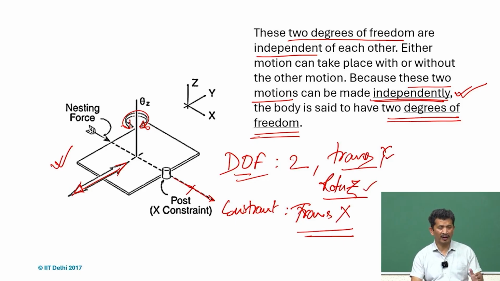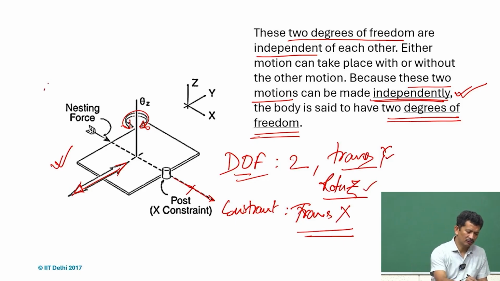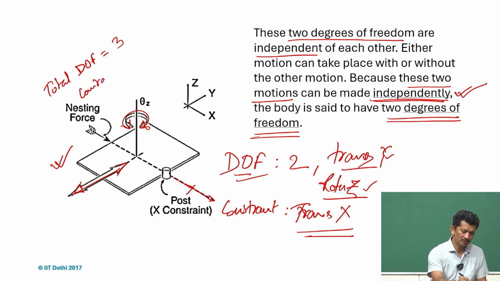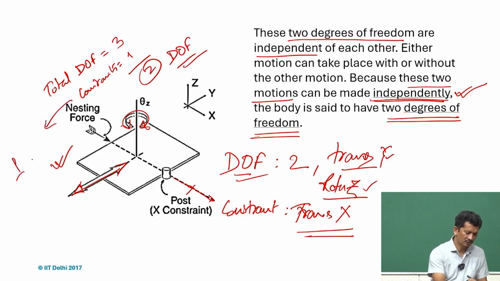So, in the planar case, a total of 3 minus 1 constraint, and therefore, we have 2 degrees of freedom in this case. 1 constraint because of 1 contact.